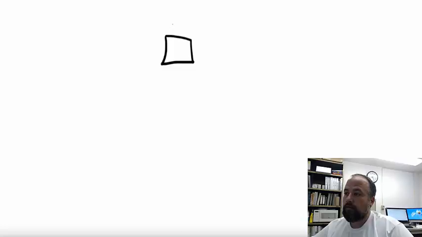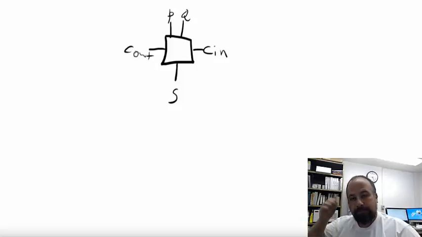Now, instead of drawing out that entire circuit every time, usually we would draw it more like, P and Q, and then Cin, Cout, and then S for our sum.